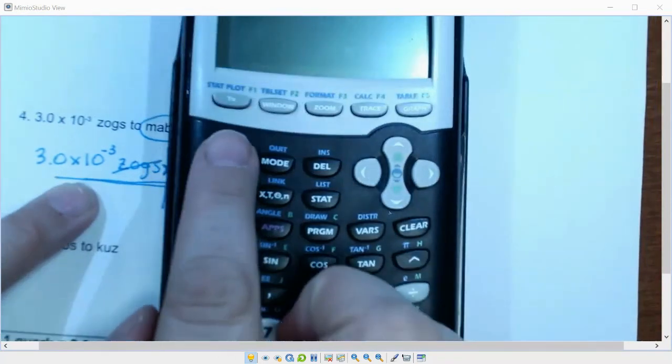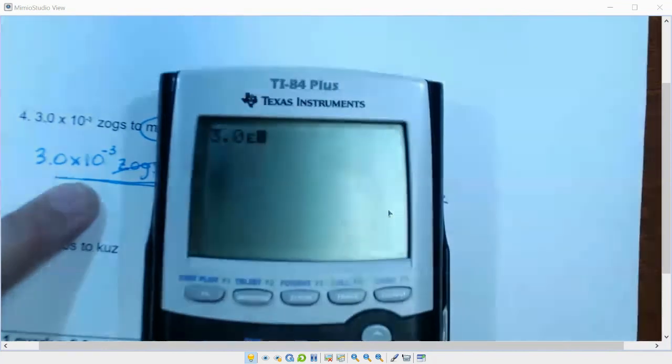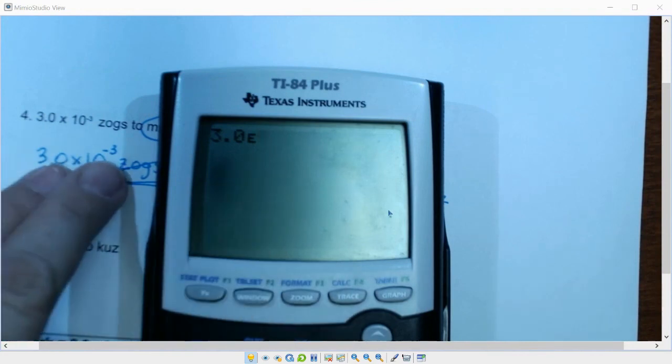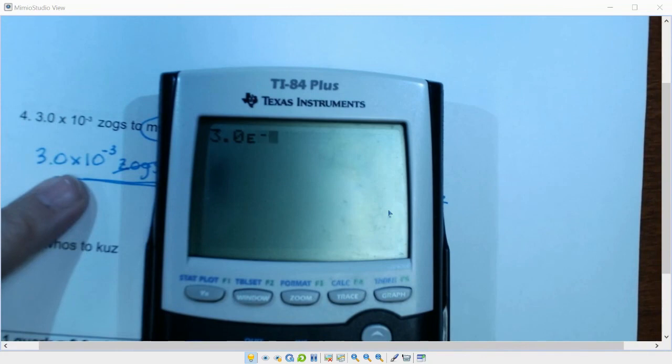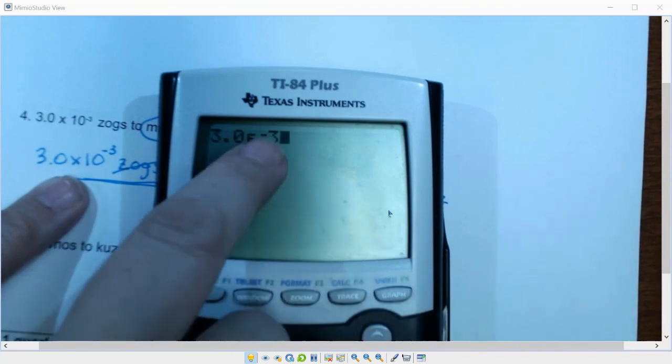So we're going to say second on this guy and then hit that little E button, and the calculator says 3.0E. So that E is this times 10, and now we need to tell it what the power is. So I put in negative 3. Make sure that you're being very careful about that negative sign, that you're not using a minus sign or a subtraction.